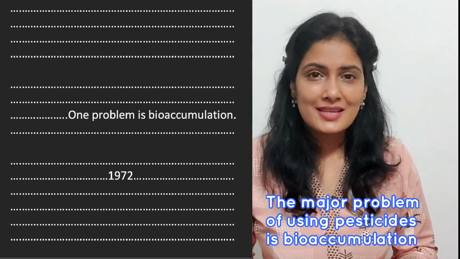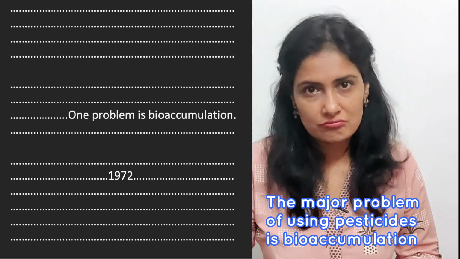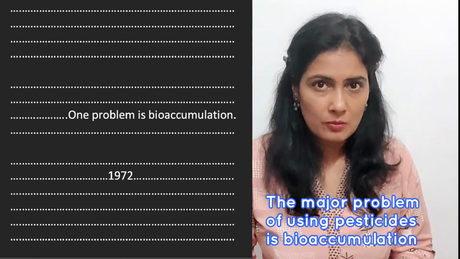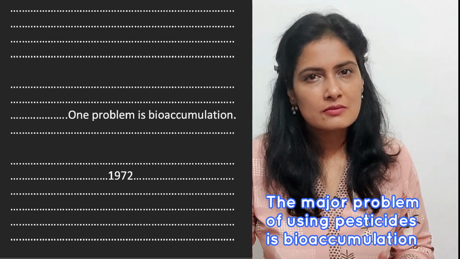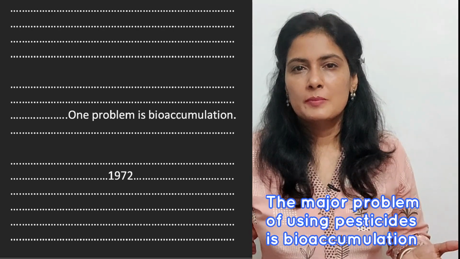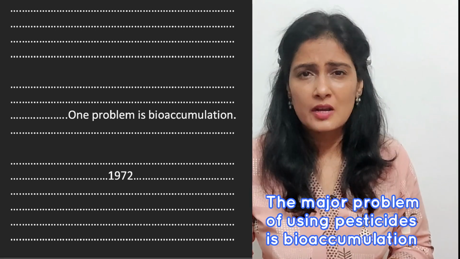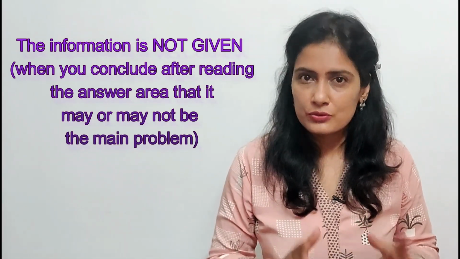Now, for example, in the text, it might say that one of the problems is bioaccumulation. It doesn't have the idea, the major problem, the main problem, the primary problem. So as long as that word is not there, that idea is not there, it means that the information is not given. It may be the primary problem, it may not be. But let's say you do find the word primary problem and something else is given there.